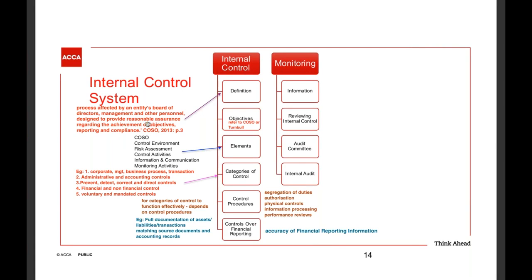If you are to apply it in the context of an organization, you need to make sure that the organization you are looking at has this particular system. This is a process affected by the entity's board of directors, management, and other personnel, designed to provide reasonable assurance regarding the achievement of objectives, reporting, and compliance.